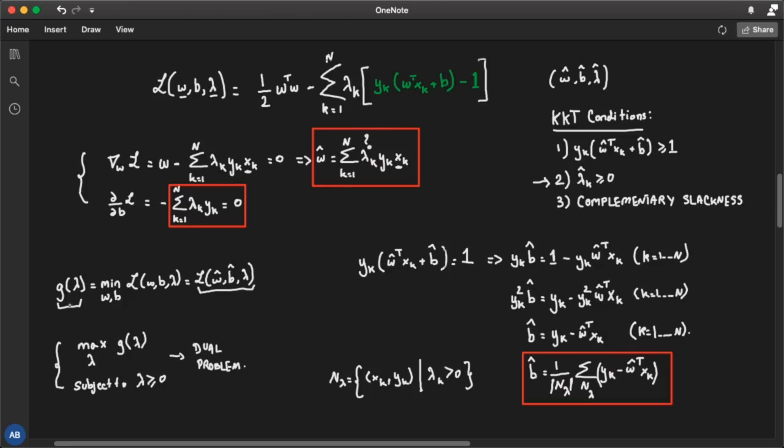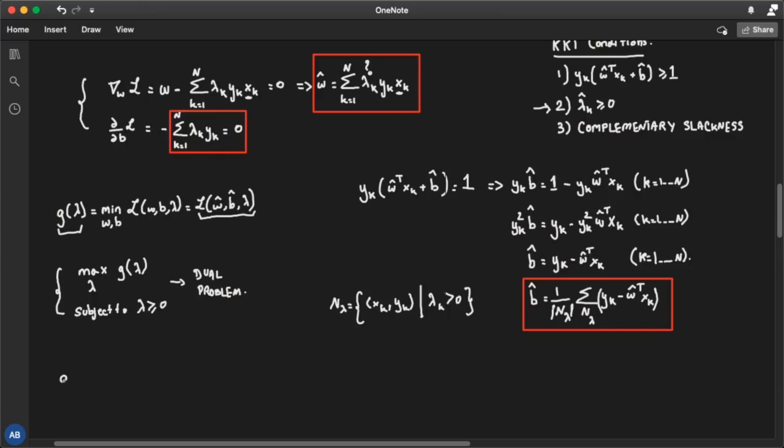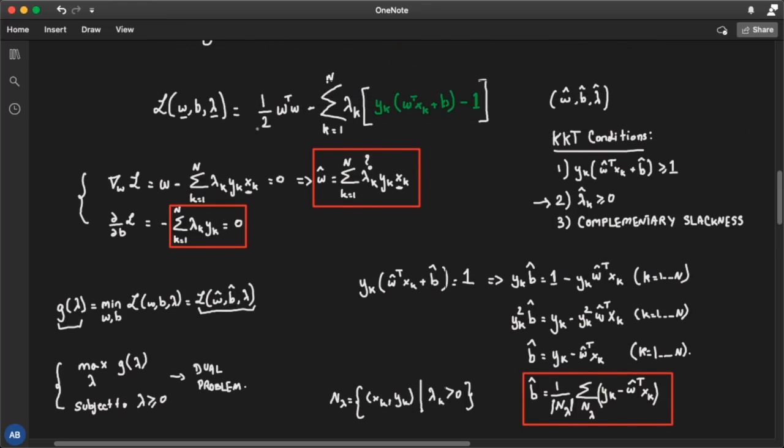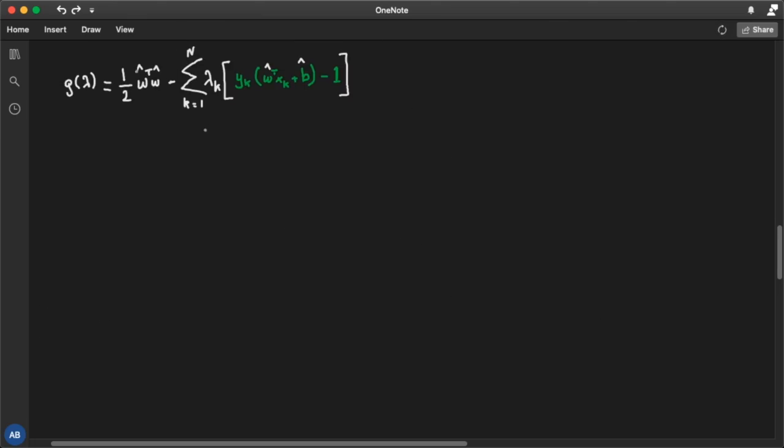So let's write down an expression of g of lambda. It is the Lagrangian at w hat and b hat. Now let's expand this term. My w hat transpose times w is over here, and let's expand this.